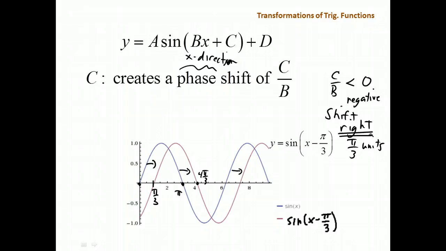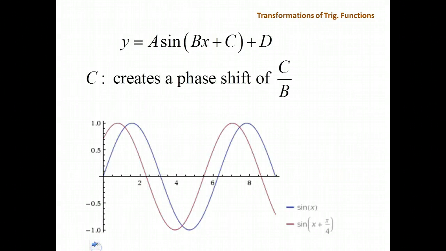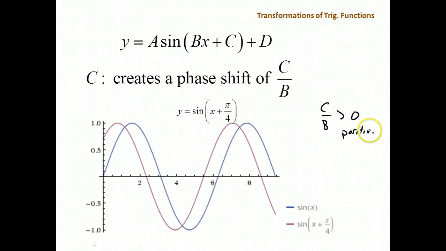When C over B is positive, it'll be a shift to the left. So we'll be shifting left that many units. In this case, pi over 4 units.